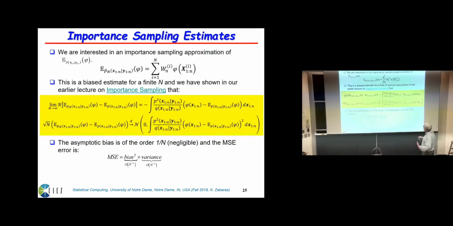So we said that the estimator is biased, right? So this is the actual bias of the estimator divided by 1 over n. Okay. Can you remind me, since everybody's following these lectures for too many times, why is this importance sampling estimator biased?